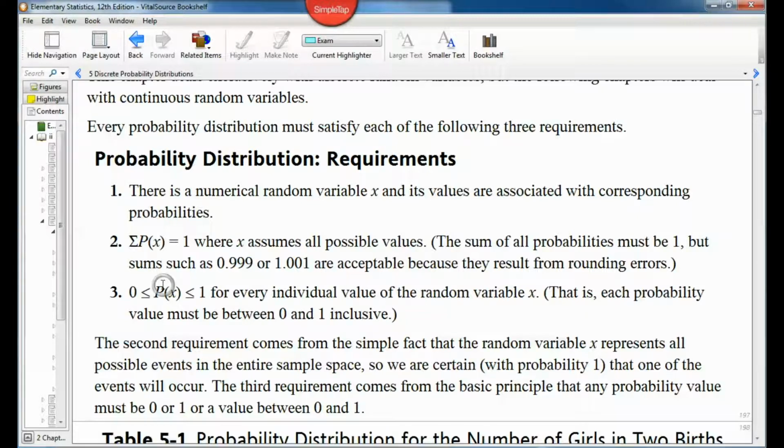Now remember, probabilities cannot be less than 0, and probabilities cannot be greater than 1. All probabilities have to be greater than or equal to 0 and less than or equal to 1. So if one of the probabilities is negative in the chart, or if one of the probabilities is greater than 1 in the chart, it's not a probability distribution.